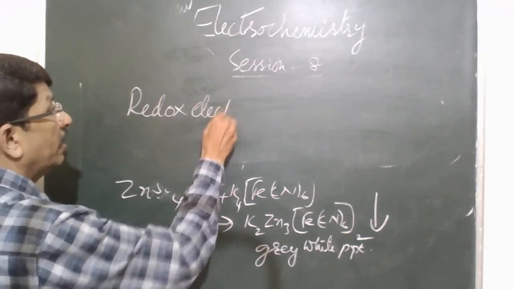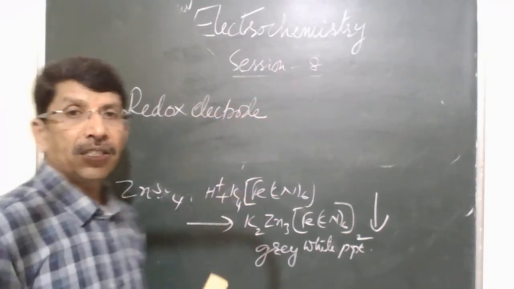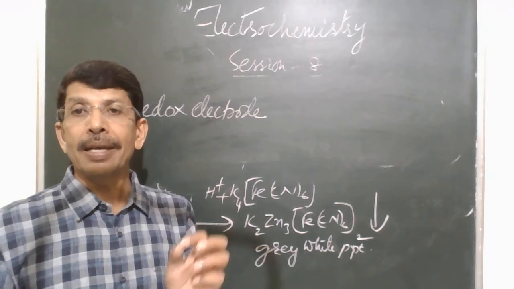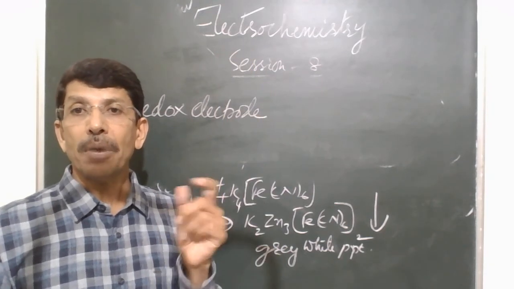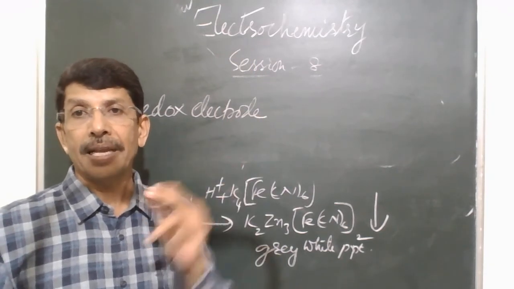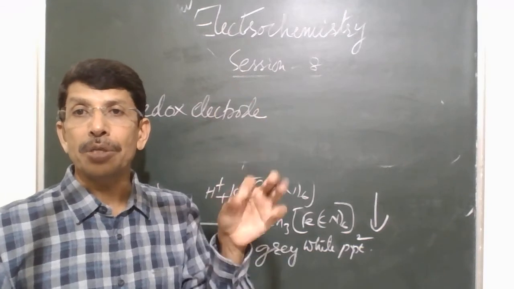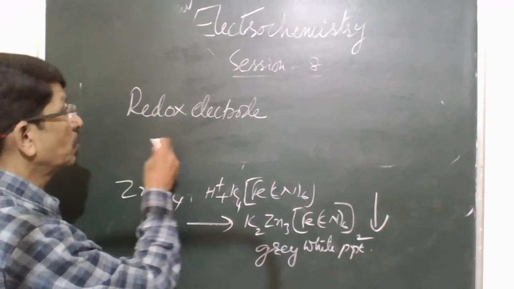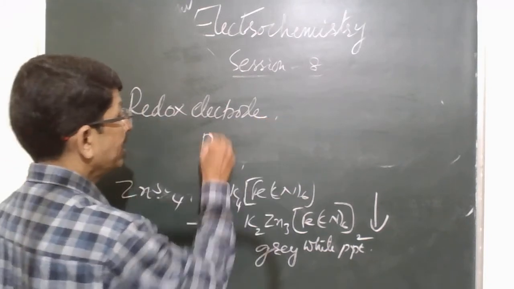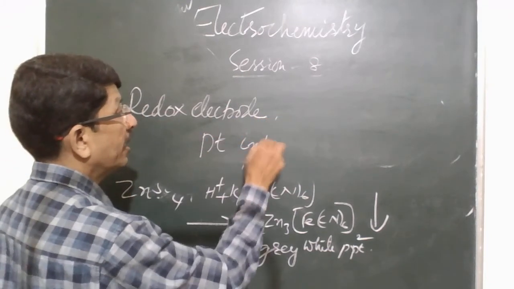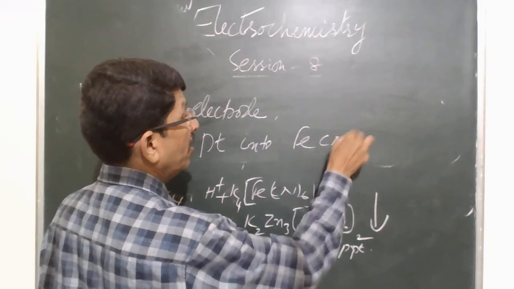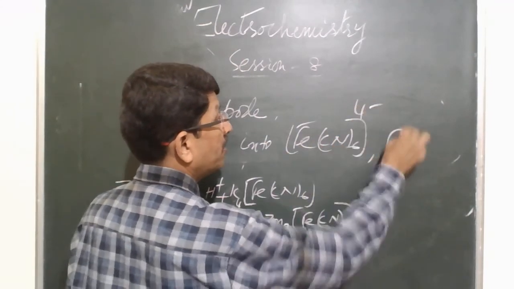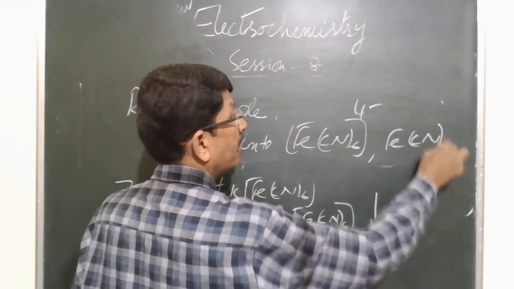We have learned already that a redox electrode is the one where a platinum wire is dipped in a solution containing the same ion in two different states, like a platinum rod dipped into Fe2, Fe3 ion solution. Here also, if we dip platinum wire into a solution containing ferrocyanide and ferricyanide ions, then this acts as a redox electrode.